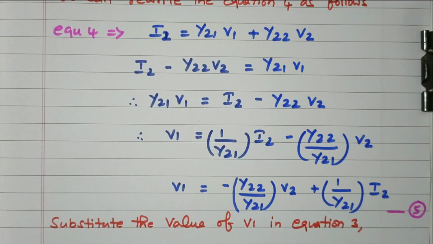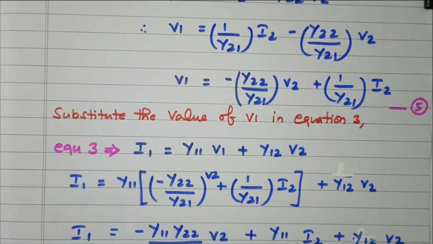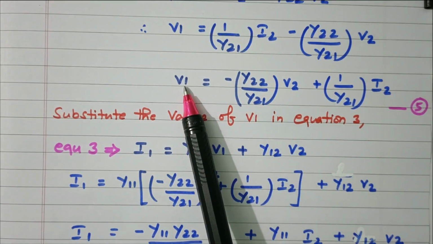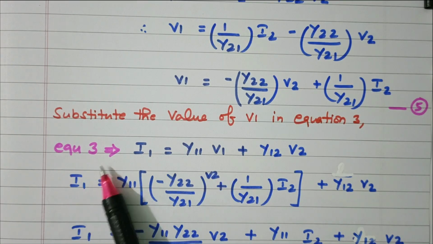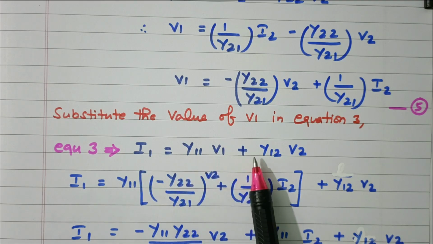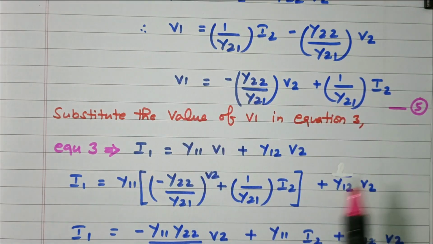Now we are going to substitute this value of V1 in equation number 3. What is equation 3? Equation 3 is I1 equal to Y11 V1 plus Y12 V2. In this, V1 is replaced by the value from equation number 5.